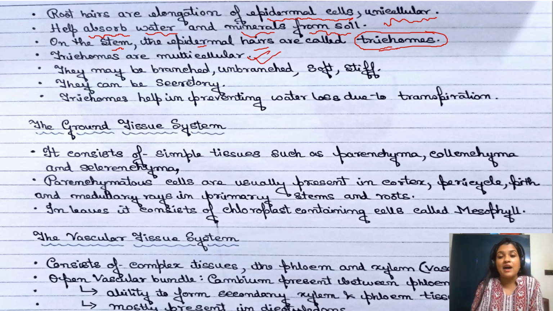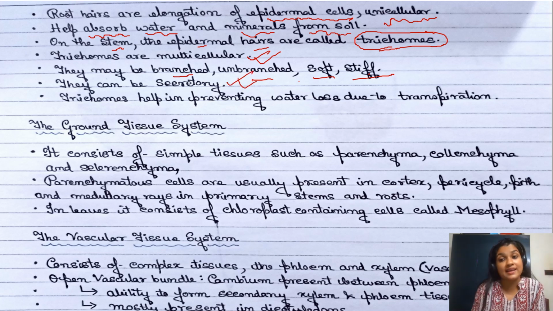This is a very important point to remember: while root hairs are unicellular, trichomes are multicellular. They may be branched, unbranched, soft or stiff.